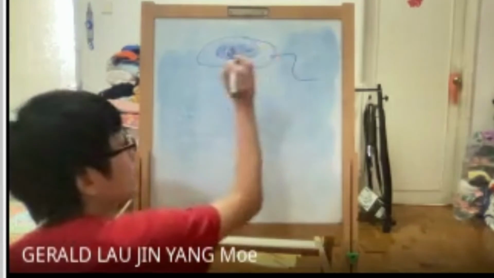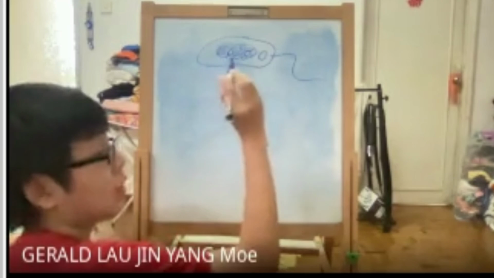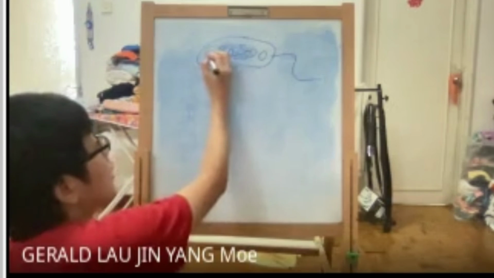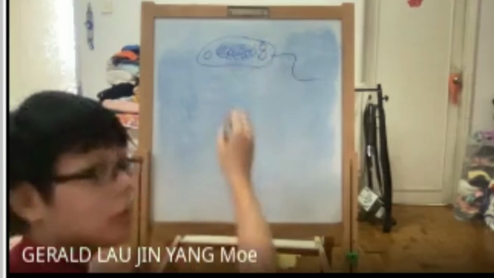So it may have a plasmid. Plasmid is also genetic material like the nucleus but it is floating, and it is circular.